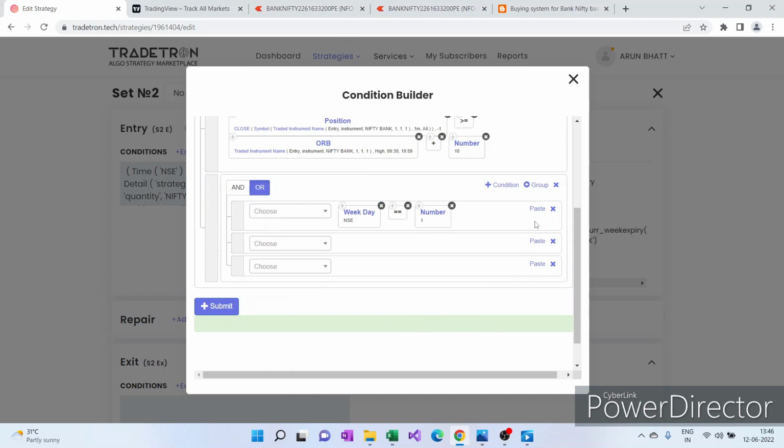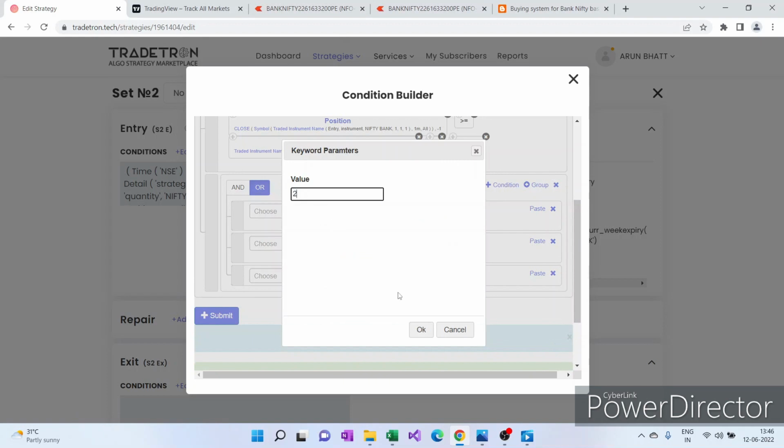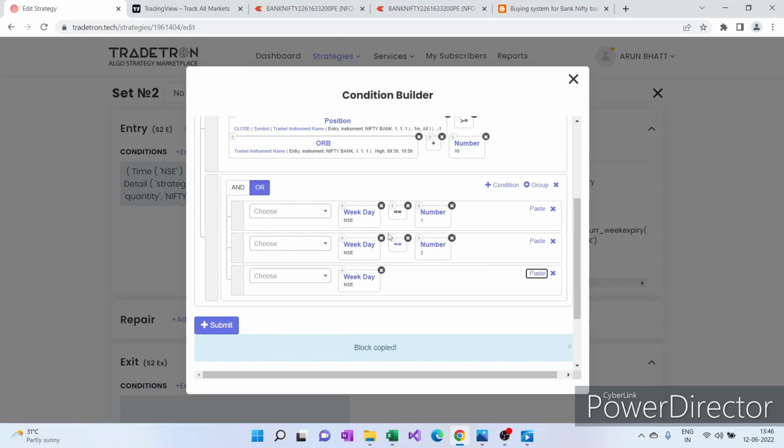Now I have to just paste the same and change the days. For Tuesday it is 2. And for Friday it is 5.